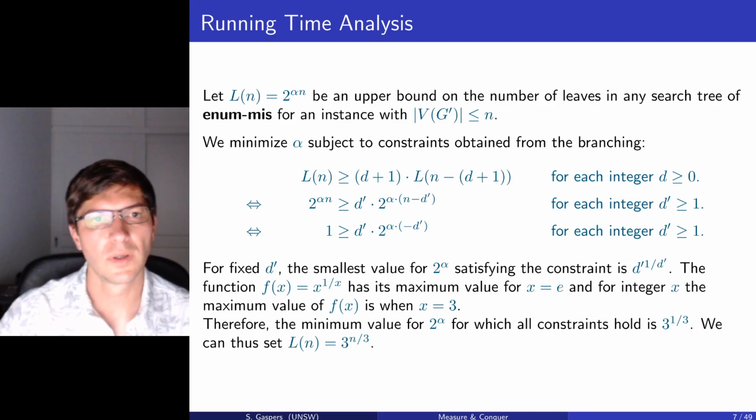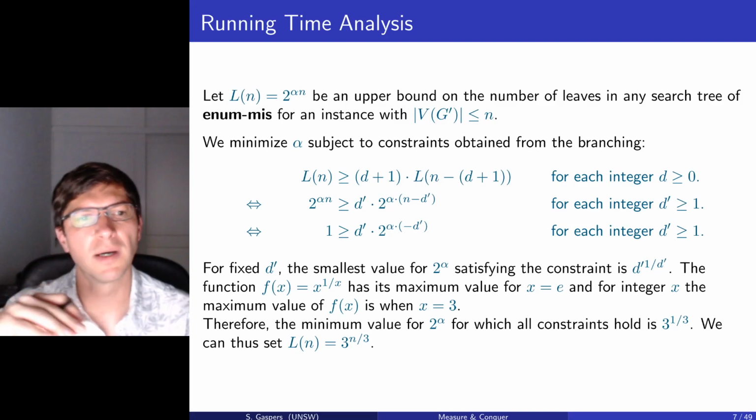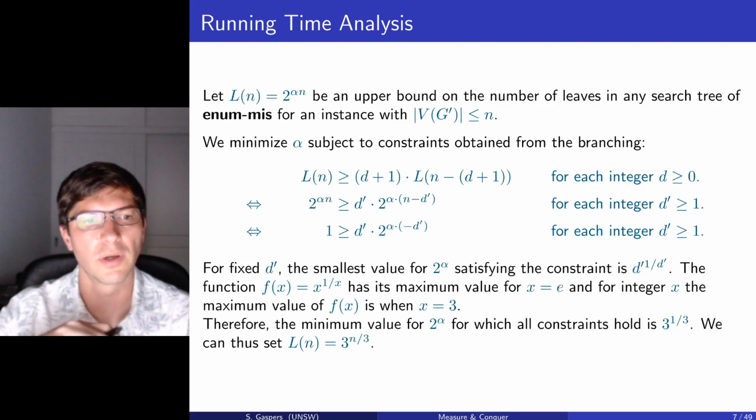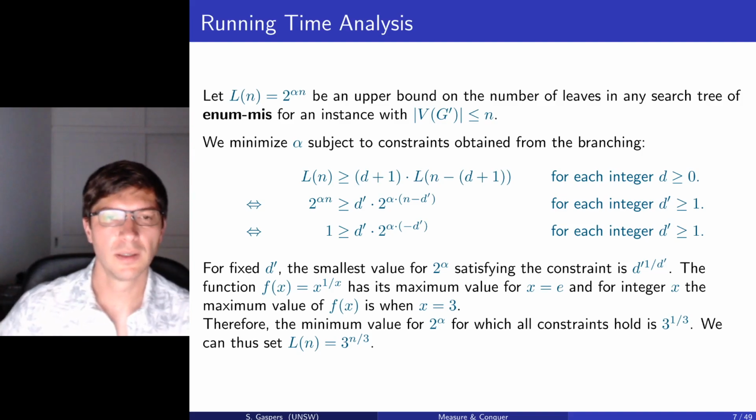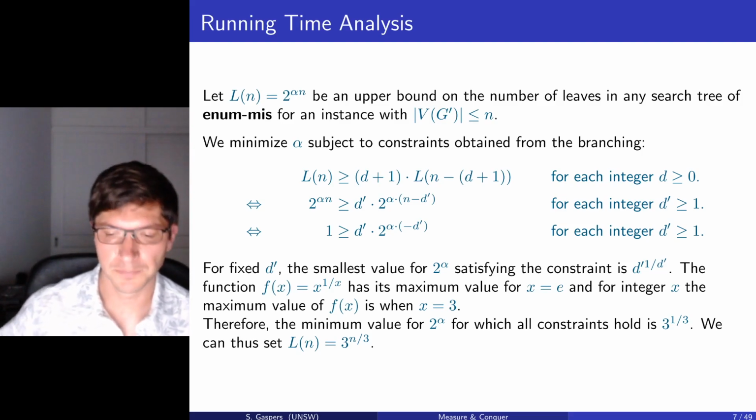And since we assume that L of n is exponential, we can write it as 2 to the power alpha n. So we want a good upper bound on the running time, which means that we want to minimize alpha. So we will go ahead and minimize alpha, subject to some constraints that we get from the branching algorithm.